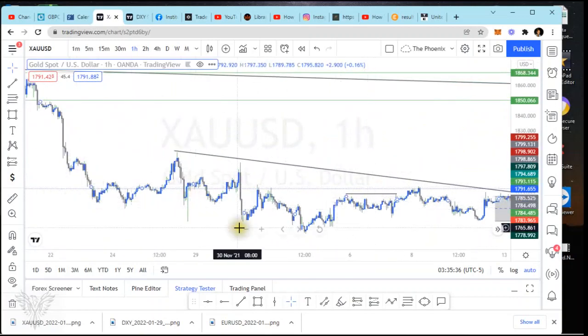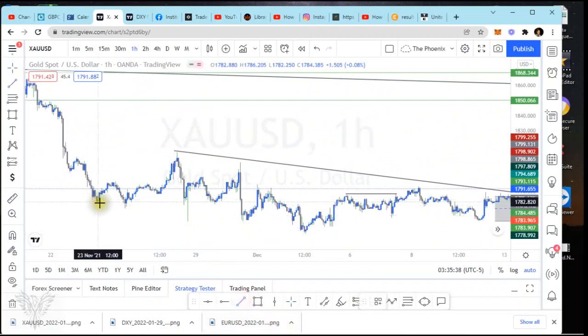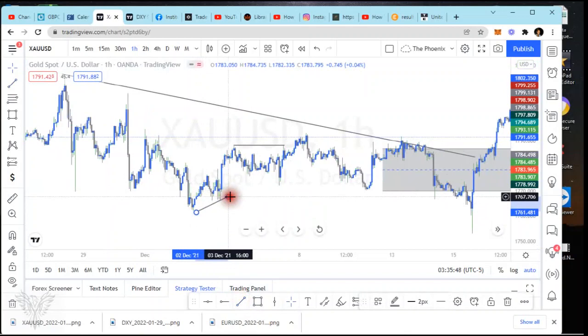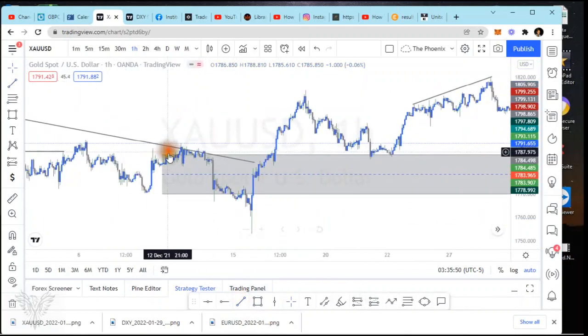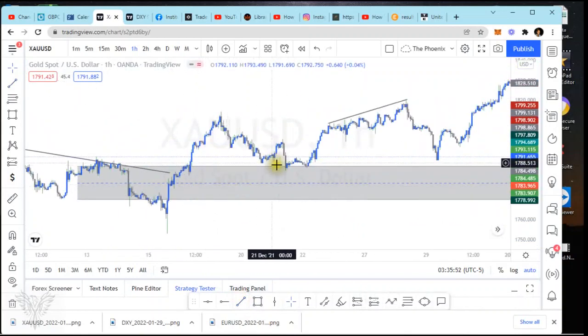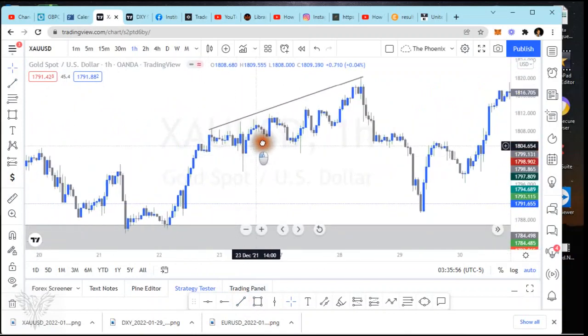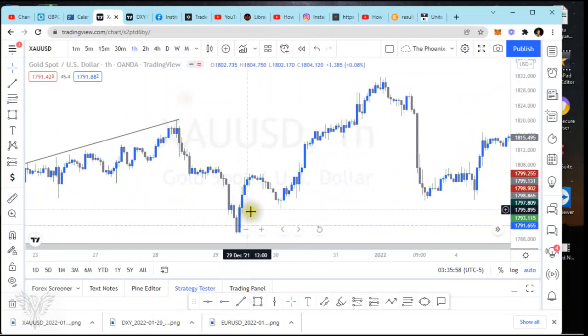The same thing happens even when you see price going sideways like this. That's liquidity. And the same thing happens here. That's liquidity. Even though these aren't equal lows, you have what is called relatively equal lows.